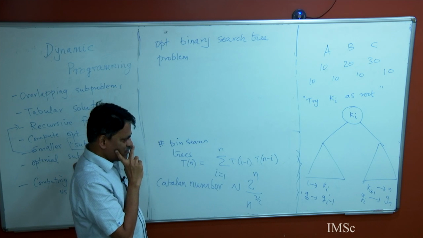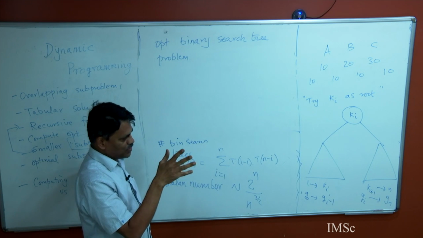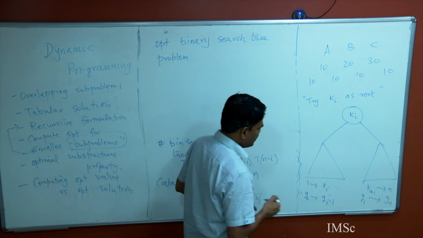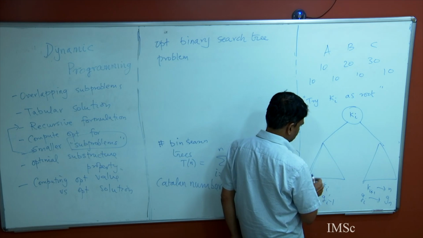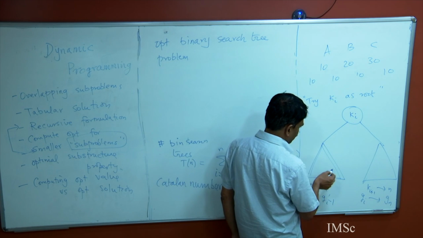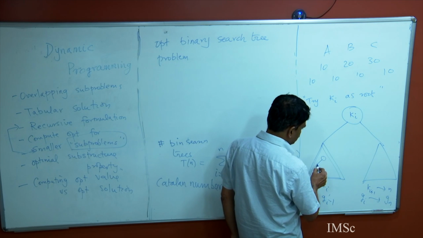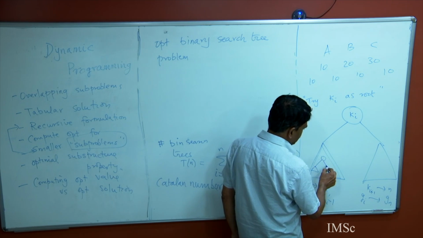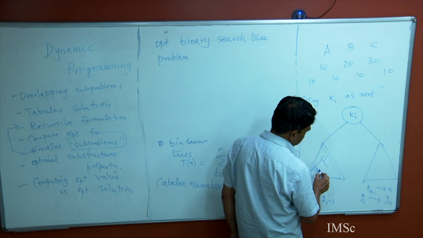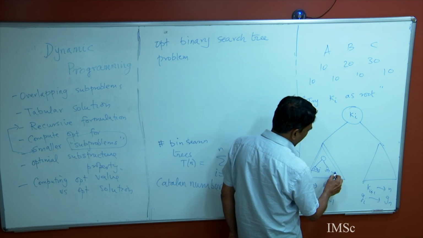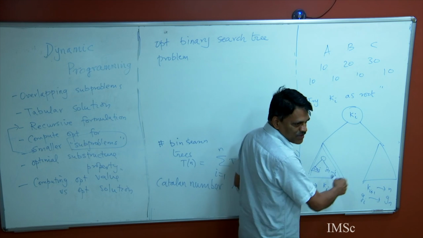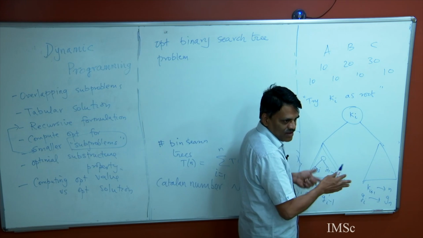Yeah, so the problem is that if you do 1 to i and i plus 1 to n, then when I come here, somewhere, again I have to choose a root and this one would be 1 to something. Let's say 1 to j, this would be j plus 1 to i, not j plus 1 to n, right.